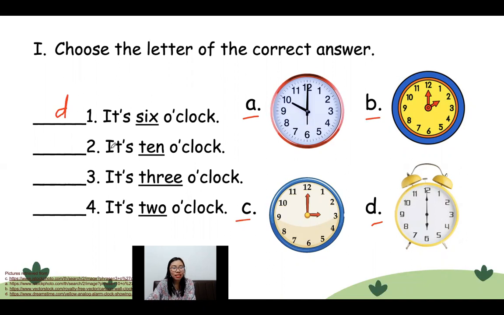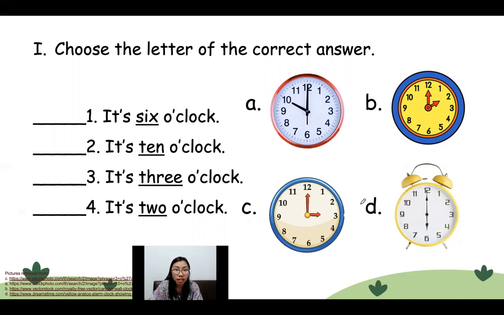Number 2, it's 10 o'clock. What picture shows 10 o'clock? A, B, C, or D? Number 3, it's 3 o'clock. What picture shows 3 o'clock?